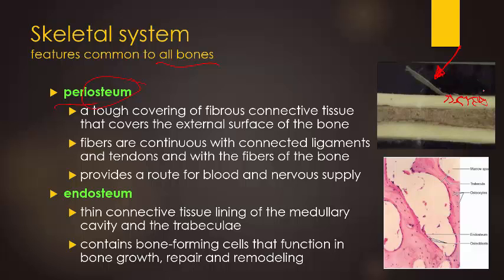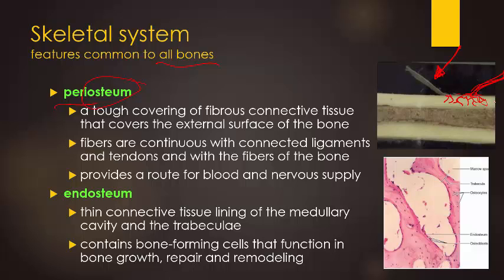The periosteum fibers intermesh with those bone fibers, and they also intermesh with, let's say we had a tendon connecting here, that tendon would also have fibers that reach into the periosteum. So it's almost difficult to see where the periosteum ends and where the tendon would begin.